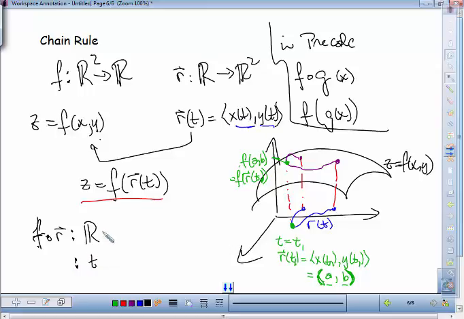Then it goes into a two-dimensional domain, and then it comes back to a regular R value, which is z.